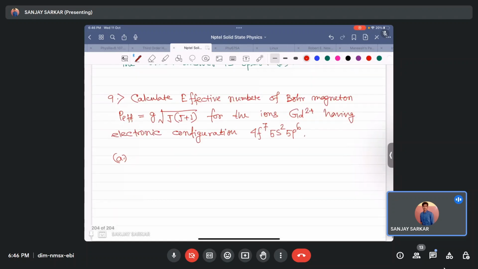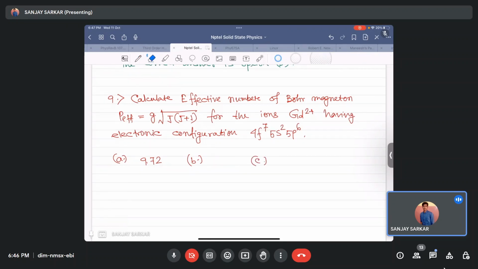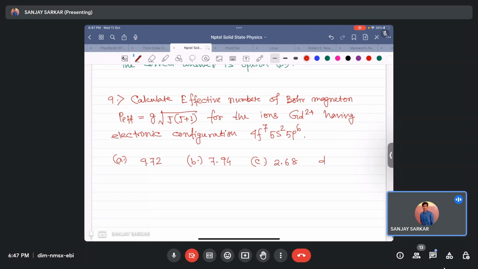So using this electronic configuration, calculate the effective number of Bohr magnetons. Options are 9.74, 7.94, option C is 2.68, and option D is 3.62.